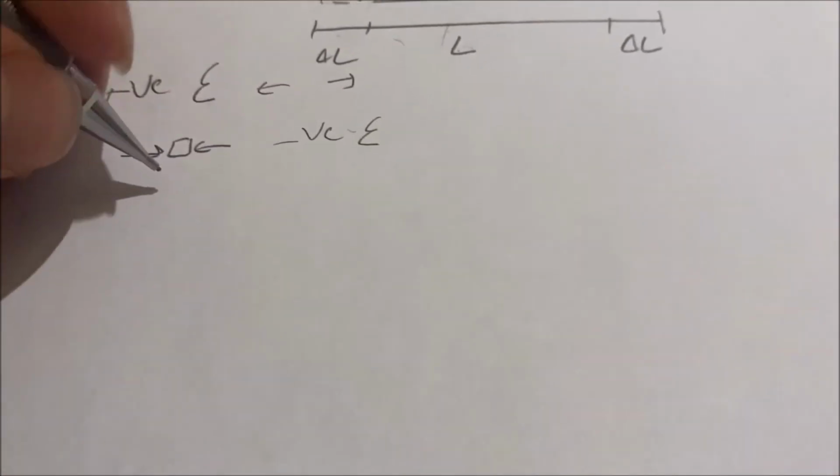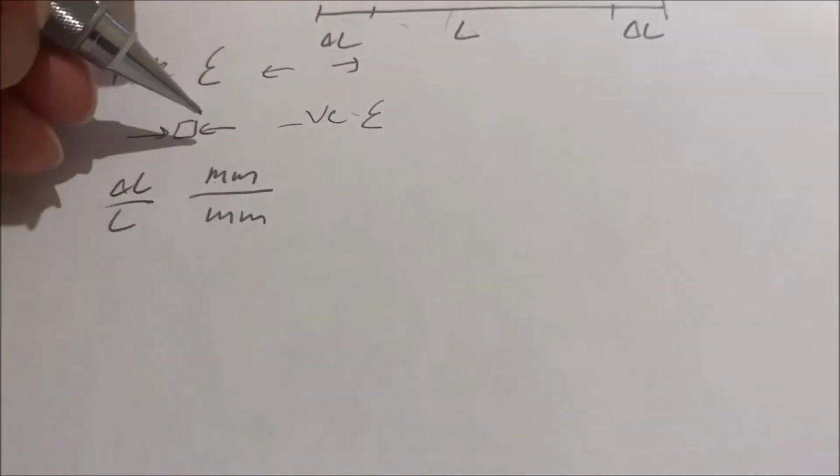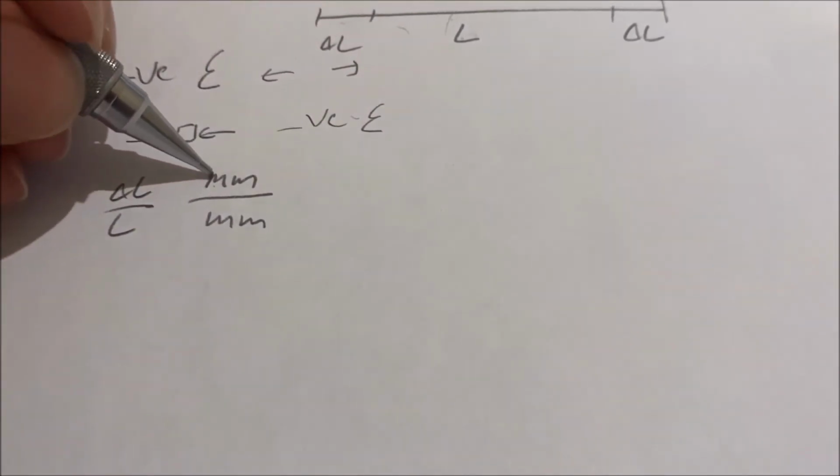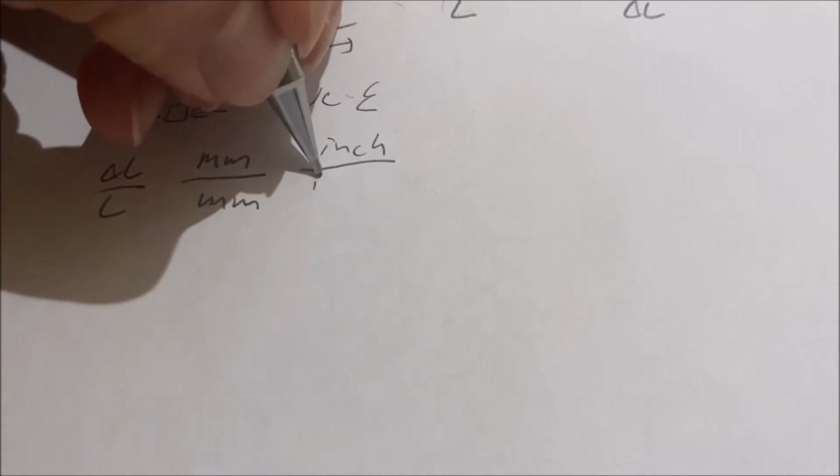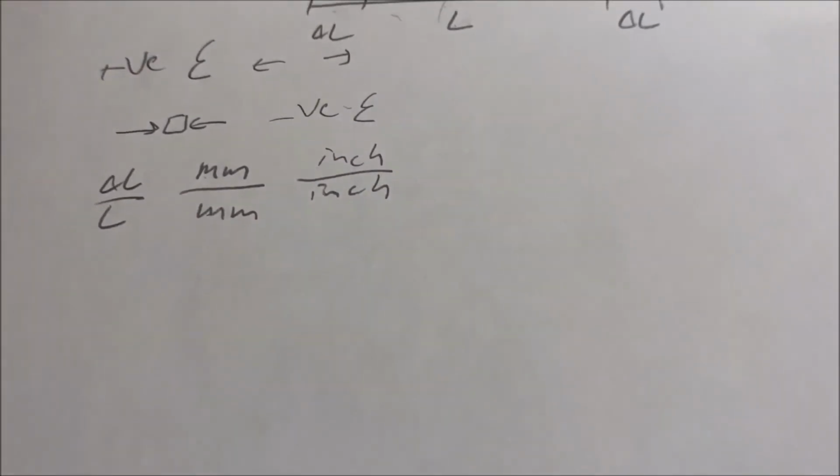Now let's talk about the dimensions or the quantity of strain. Strain is unitless, so it's change in length over L, which, let's say, is millimeters over millimeters. It is a unitless quantity, but to signify strain, we use the units of length over length. This is metric, and for imperial units, it's inch over inch, let's say.